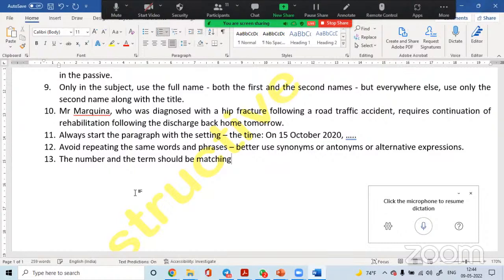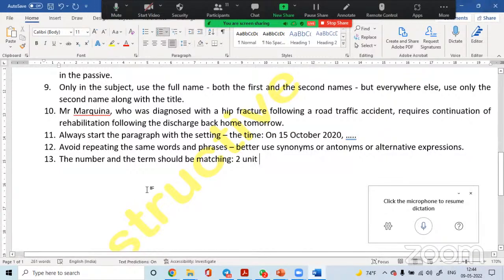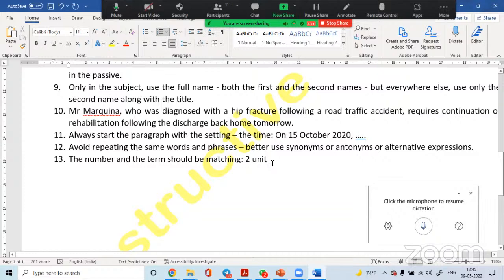For example, you wrote 2 unit. 2 unit is wrong. Okay. So what is right then? 2 unit is wrong. Not matching. Okay, singular plural. 2 is plural and you're saying unit. Okay, not matching.